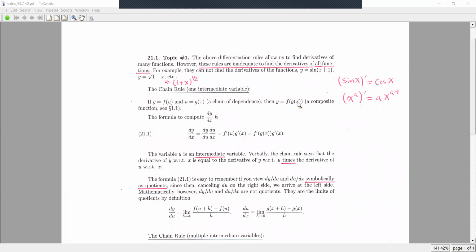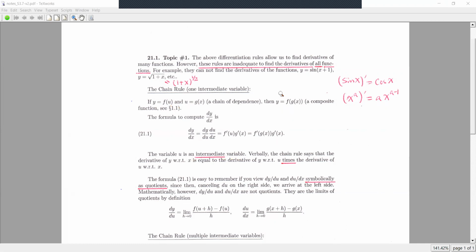In mathematics, if something depends on another thing, we say that the thing is a function of another thing. This is a chain of dependence.